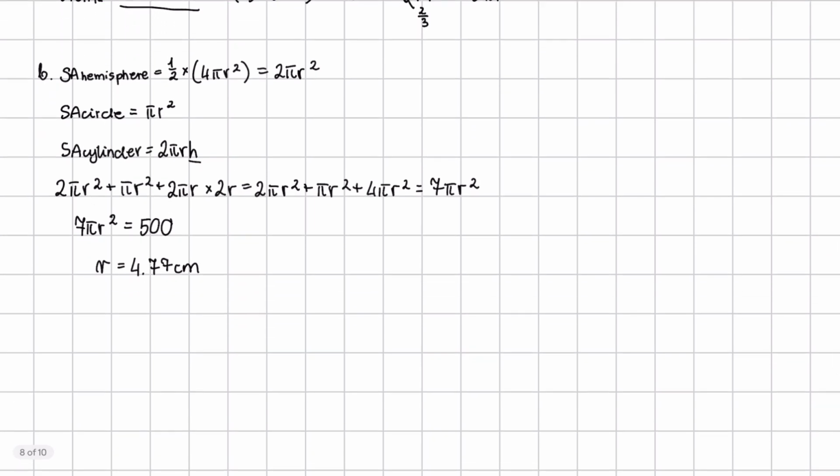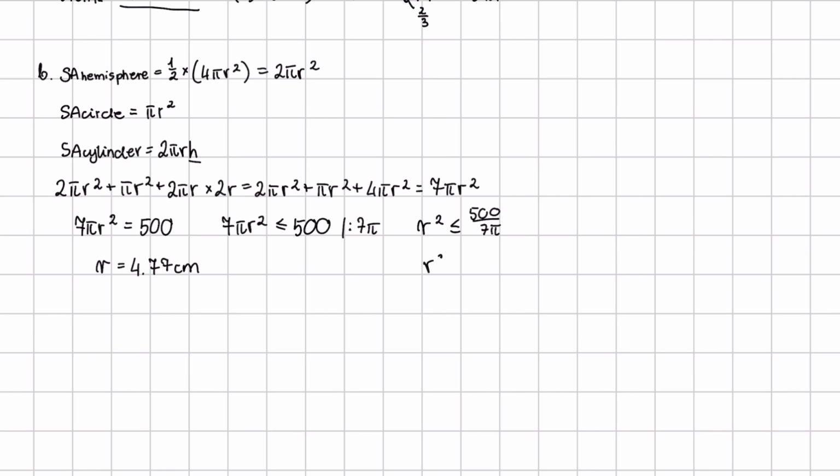And of course we could also write that 7 pi times r squared is equal or less than 500, and then divide both sides by 7 pi, so r squared is equal or less than 500 over 7 pi, and then take the square root of both sides, so something like this.